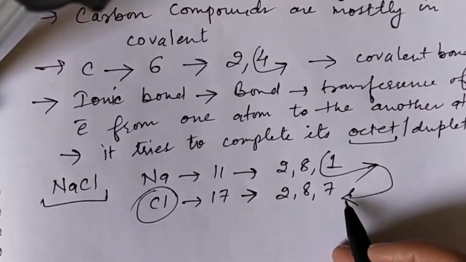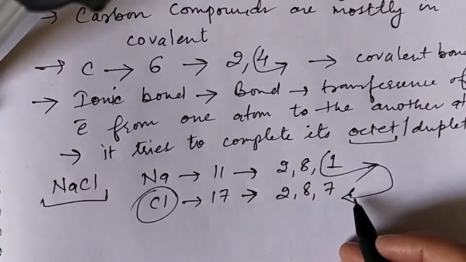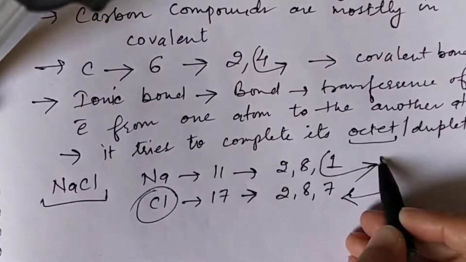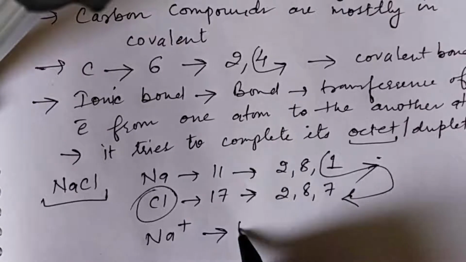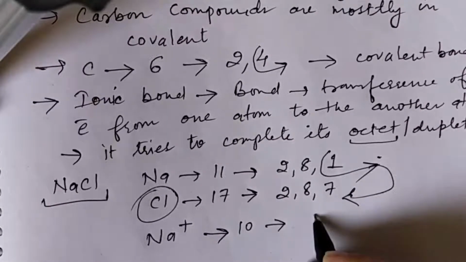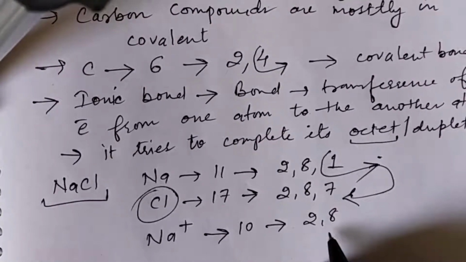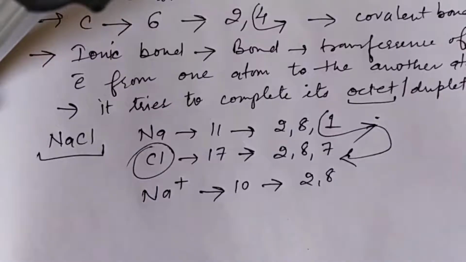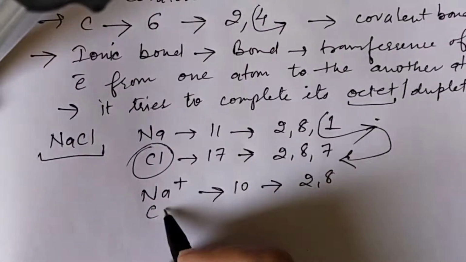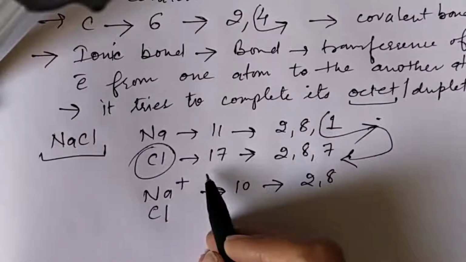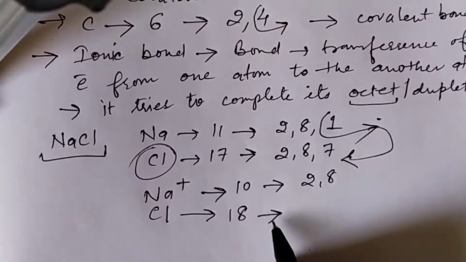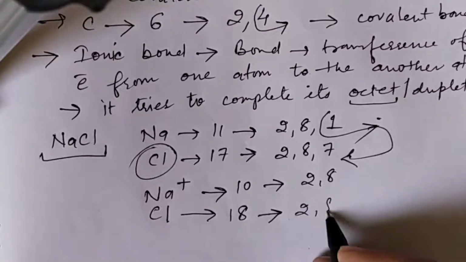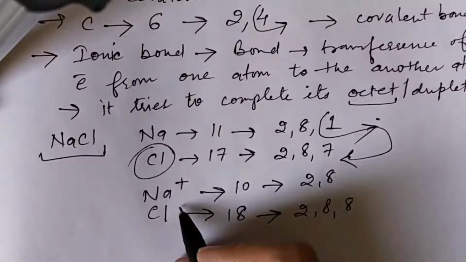Now you are getting the point that sodium will attain a positive charge by losing one electron and attain the electronic configuration of 2,8, while chlorine will gain this one electron, attain the electronic configuration of 2,8,8 and attain a negative charge.